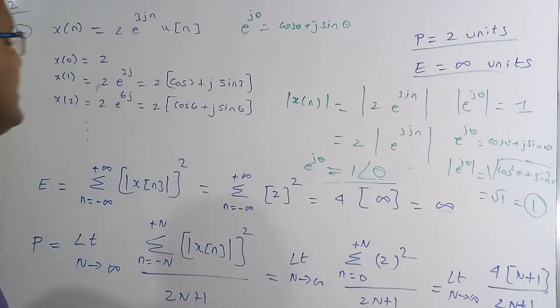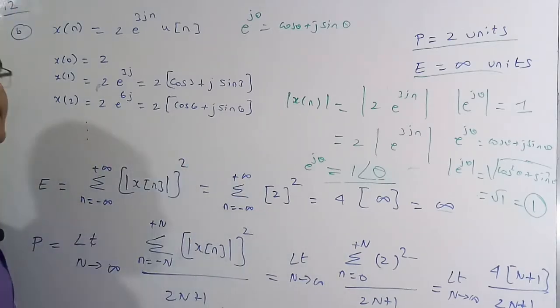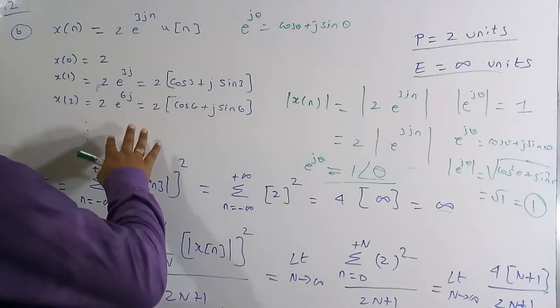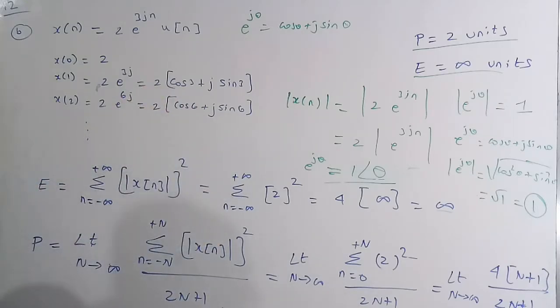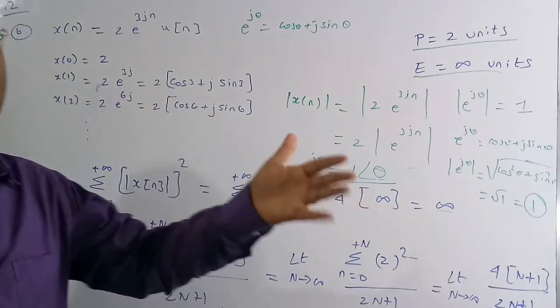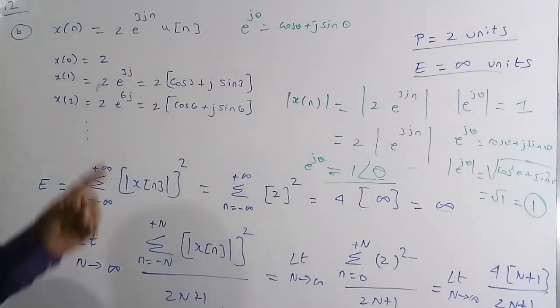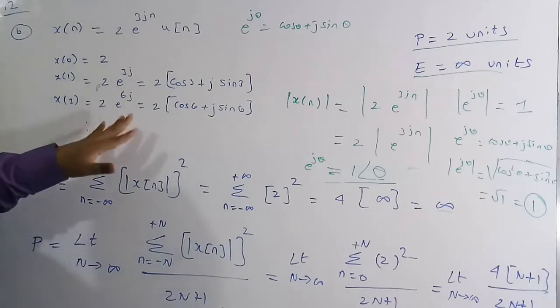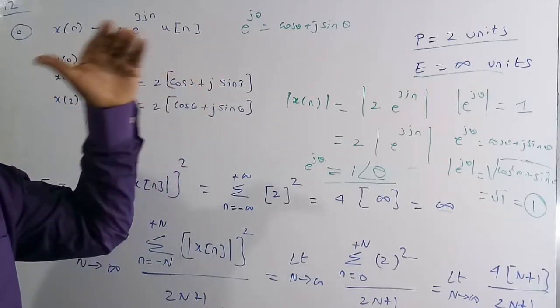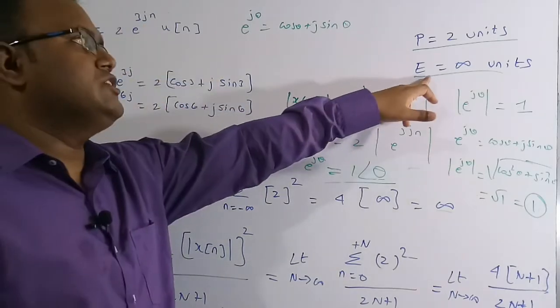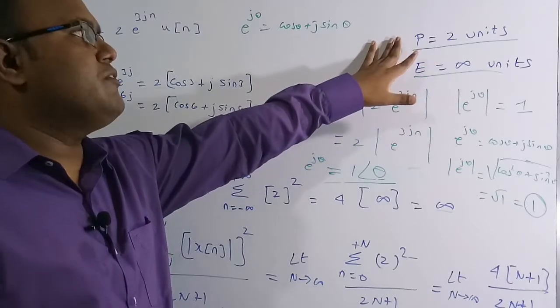So we can conclude that whenever the signal has a constant magnitude, or is an increasing signal, the energy will be infinite. Whenever the signal is not decaying, the energy is infinite, so by default this signal is said to be a power signal.